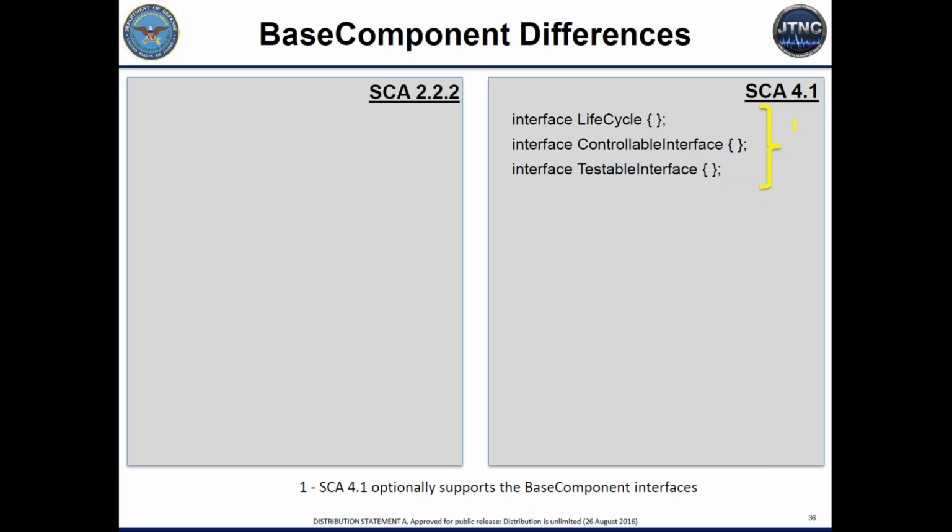So if you were doing a just straight migration, you wouldn't need to implement those. If you wanted to implement those to have a little bit more control over the device manager component, you could, but I did not include that as part of the elements that are going to be required as part of the migration, because it is optional functionality.